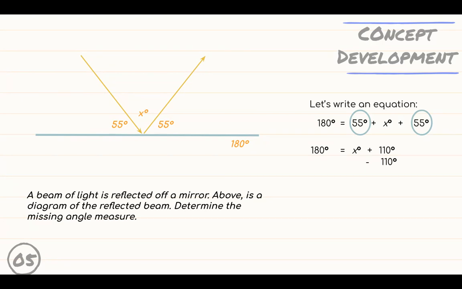Now I use the inverse and I subtract 110 degrees from each side, leaving x by itself. So I bring my x down, I bring my equal sign down, and 180 degrees minus 110 degrees is 70 degrees. x equals 70 degrees.